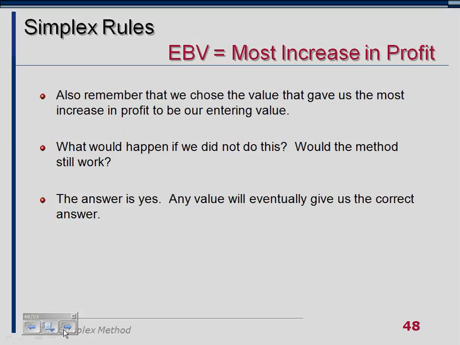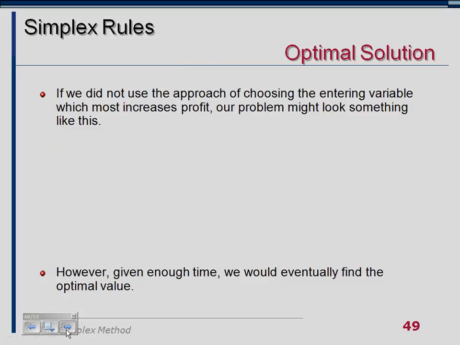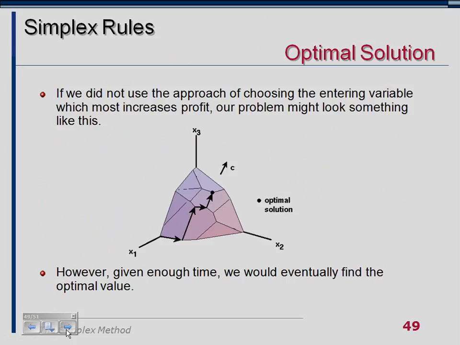Any value will eventually give us the correct answer, but it may not do it in a minimal number of steps. Okay? So it may look something like this. So you're still going to get to that optimal solution. You'll eventually get there, but it may take a little bit longer because you're not taking the optimal way around the polytope.